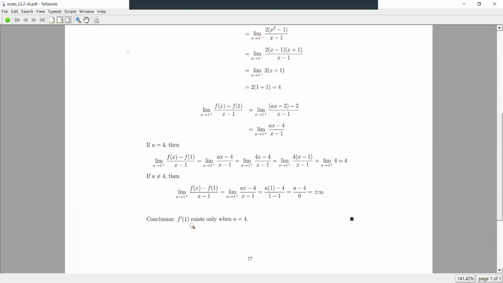The both-sided limit exists only when a is 4. When a is not equal to 4, left-hand side limit is 4. Right-hand side limit is infinity. They are different. So in the case when a is not equal to 4, derivative at 1 doesn't exist.